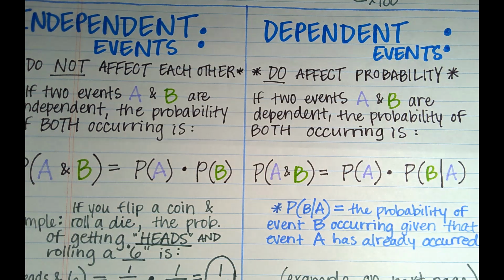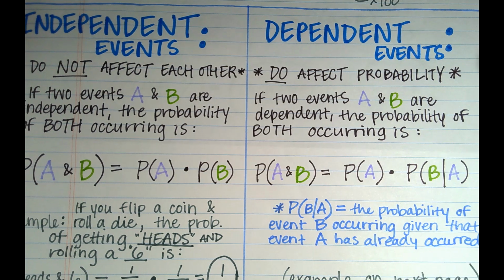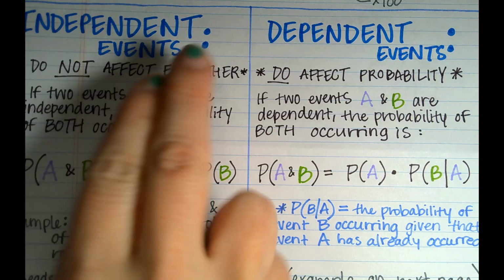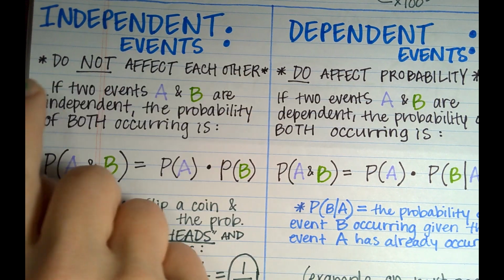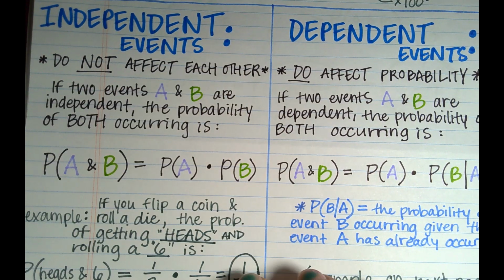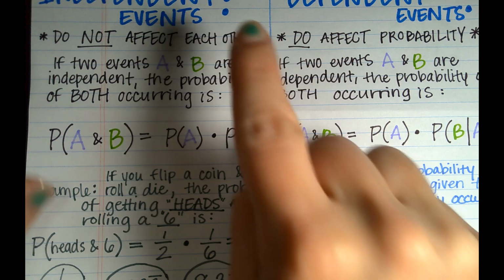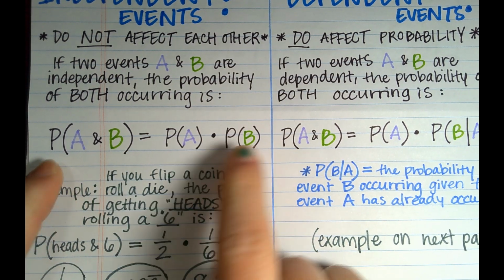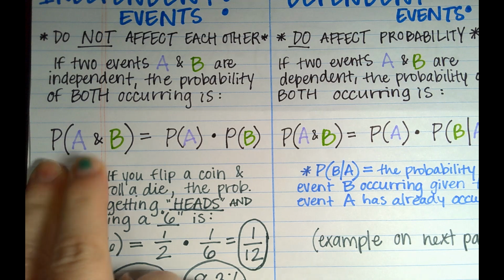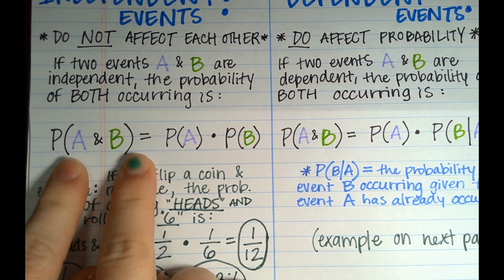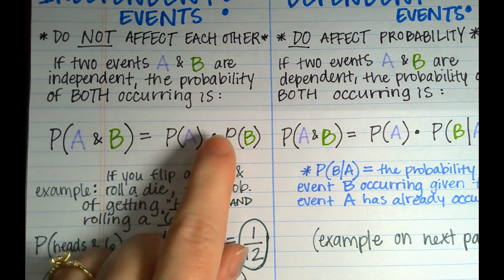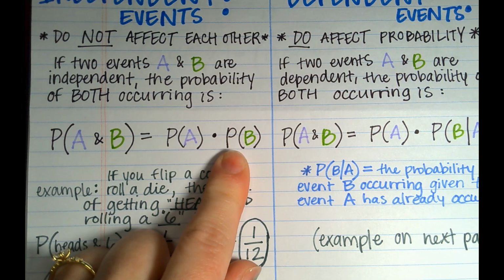So if the first event does not affect the second event, do we have independent or dependent? We have independent events. These are not going to affect each other. So we can use this formula here. To find out the probability of both of these things happening, we're going to find the probability of the first one and multiply it by the probability of the second one.